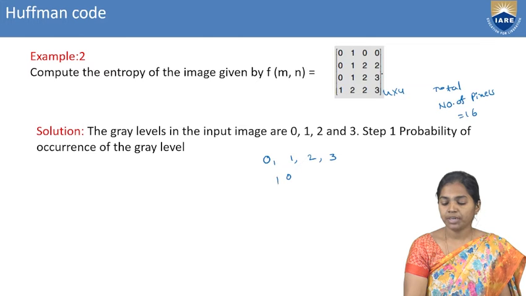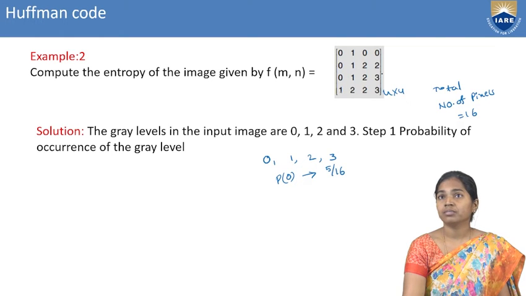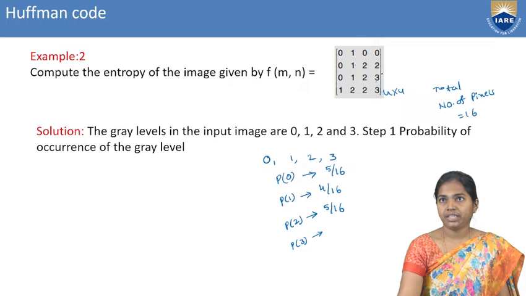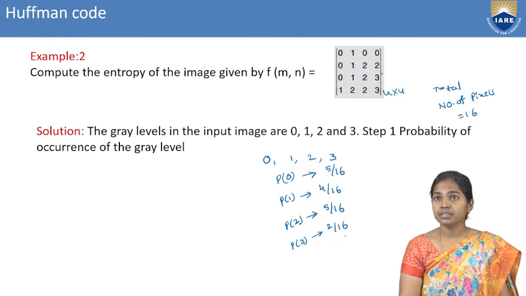Then the probability of 0 is 5 by 16, and the occurrence of 1 is 4 times. So P of 1 equals 4 by 16, P of 2 equals 5 by 16, and P of 3 equals 2 by 16. So these are the probability values.